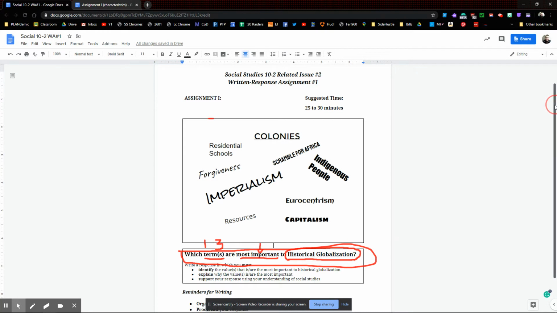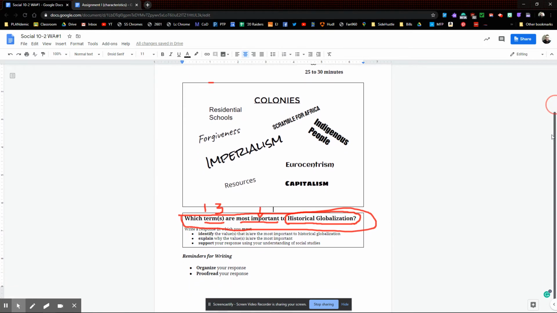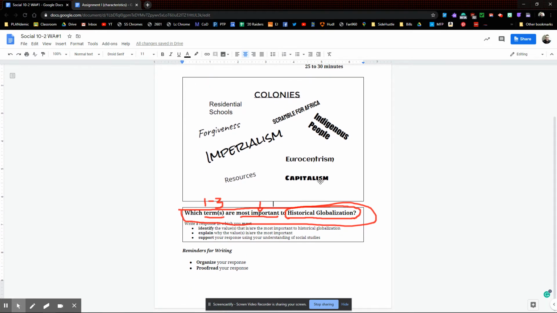So whenever you're looking at social writing assignments, especially this one, the bullet points are going to lead you home. Okay, so if I look at my bullet points here, it says identify, explain, and support. So for every single one of these terms, the ones that you have chosen, remember, you only choose 1 to 3, and you're going to identify which ones are the most important.